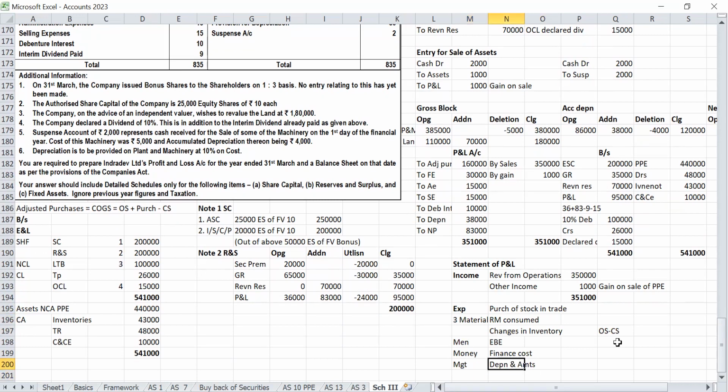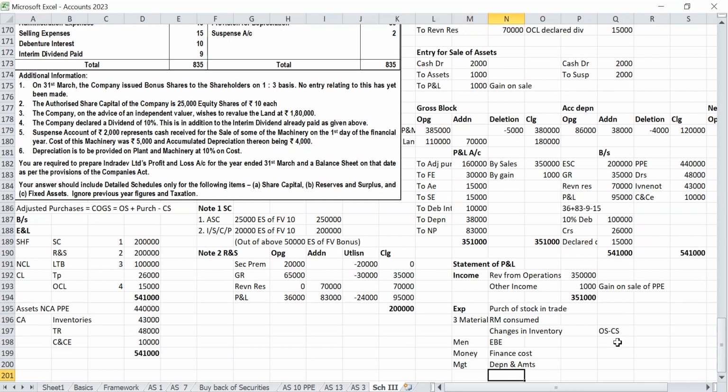One of the purposes of providing depreciation is to provide money at the time of repurchase of fixed assets. So depreciation and amortization for management purposes. Now you are not paying to some management committee members, right?